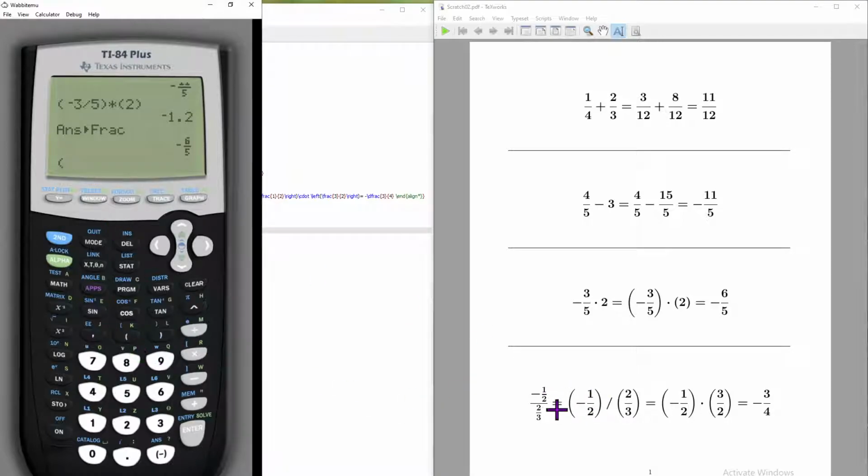I put the -1/2 in parentheses because that's my first fraction, the fraction on top. This fraction is being divided by the fraction on bottom, which I also have to put in parentheses to make sure that the 2/3 is a single thing that goes together. So this is what it means to do -1/2 divided by 2/3. When I calculate it and change it to a fraction, I get -3/4, which is the correct answer.